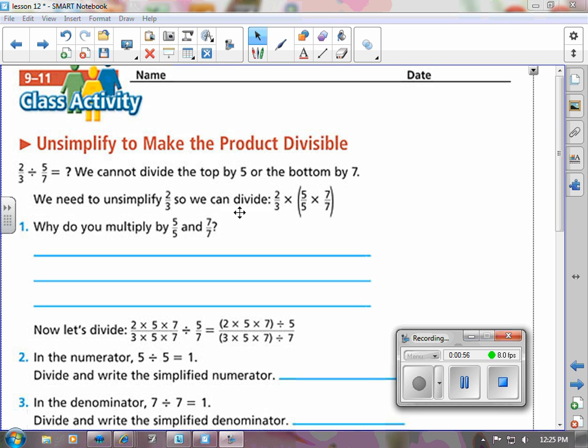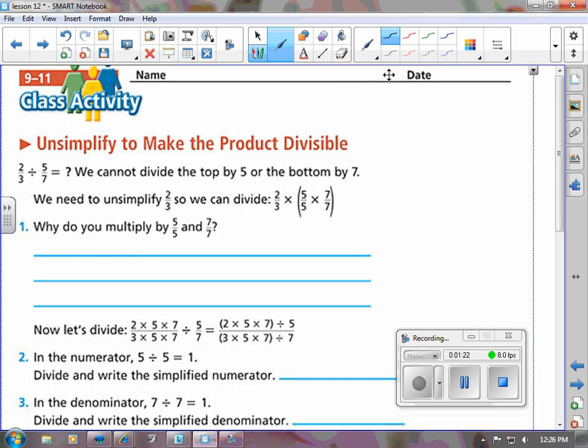So with unsimplifying, you're thinking about multiplying by 1. 5/5, which is 1 whole, and 7/7, which again is 1 whole. 5/5 and 7/7 are equal to 1 whole, so you can multiply 2/3 by 5/5 and 7/7 to help solve the equation without changing its value. Because when we multiply by 1, it doesn't change the value of the equation.